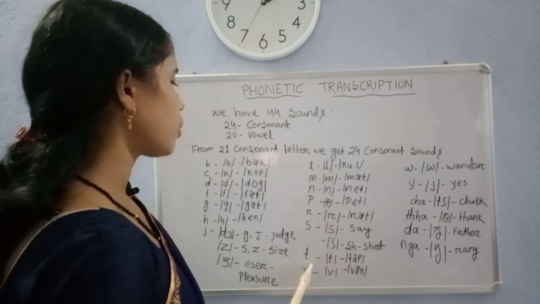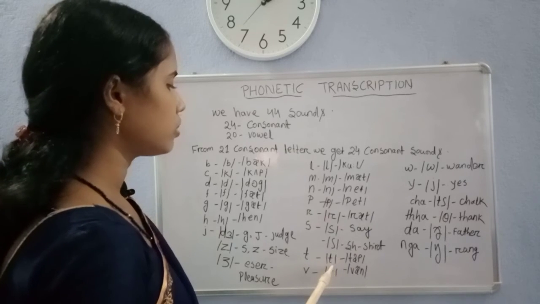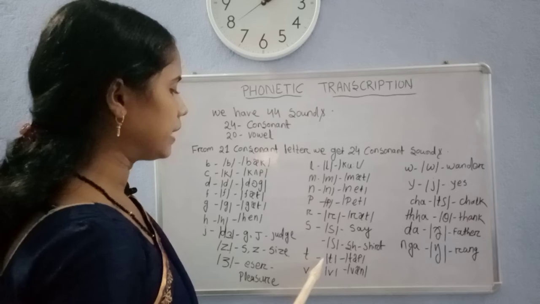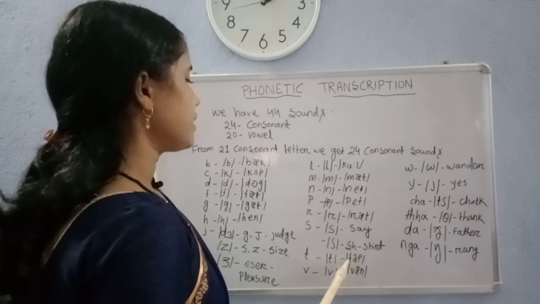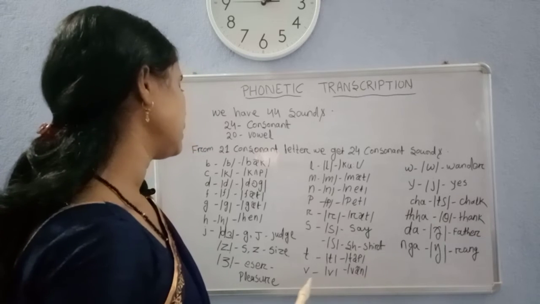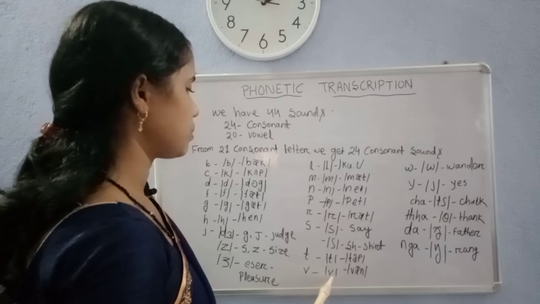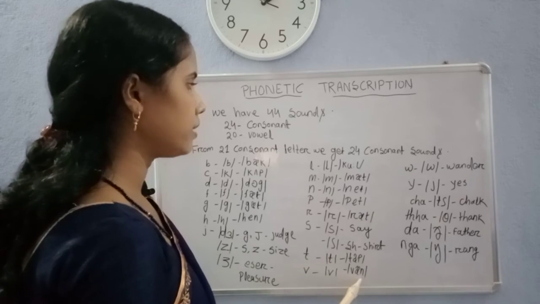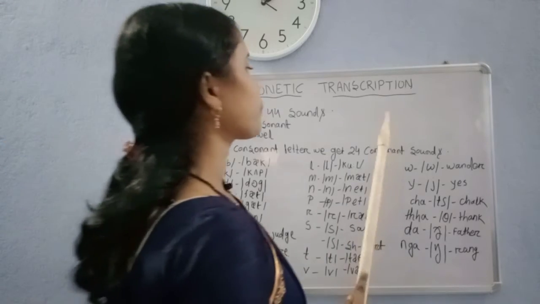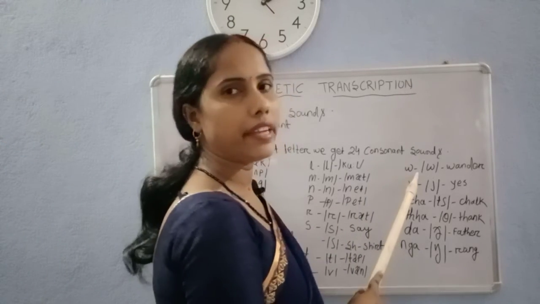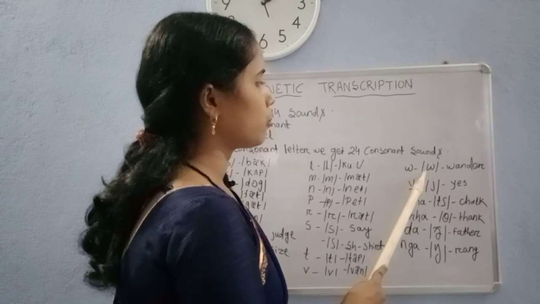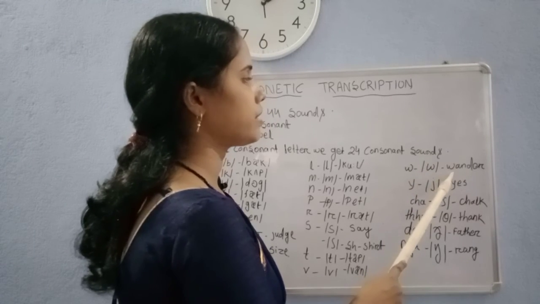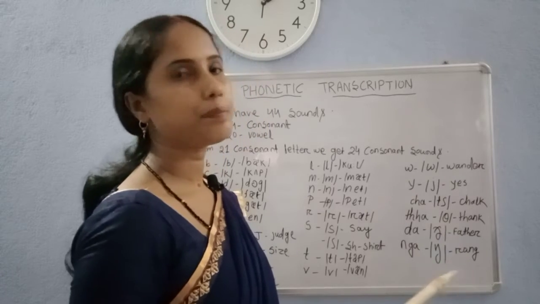Then come to the t sound, which is also for the letter T, as in the word tap. Then for the letter V, this is the v sound, as in van. Then come to the letter W, and its sound is also a v-like sound, as in the word wonder.